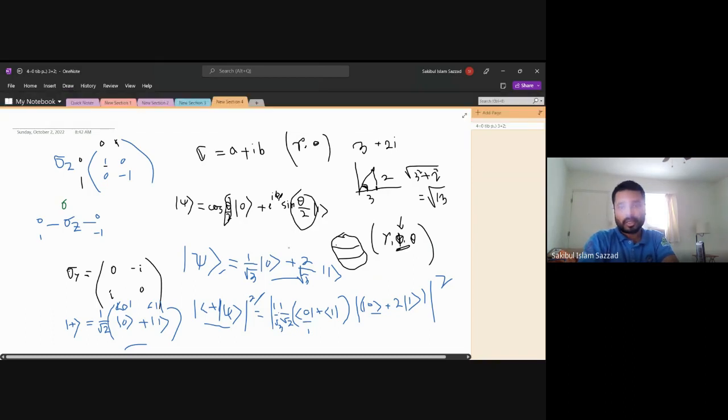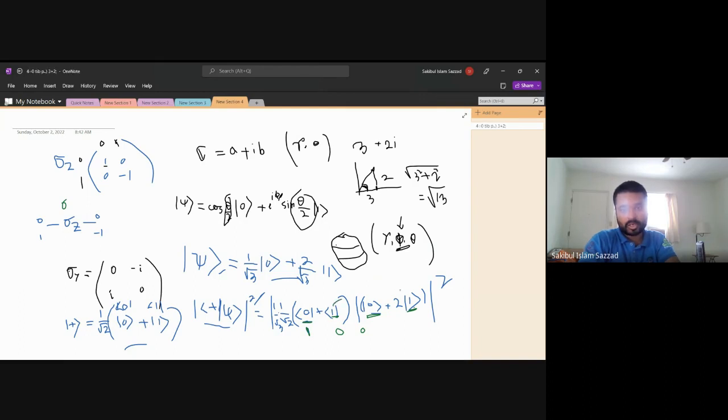For this bra and this ket, I'm getting 0, because they are orthogonal. For this bra and this ket, I'm getting 1. For this bra and this ket, I'm getting 0. And for this bra and this ket, I'm also getting 0. And this one, I'm getting 1.